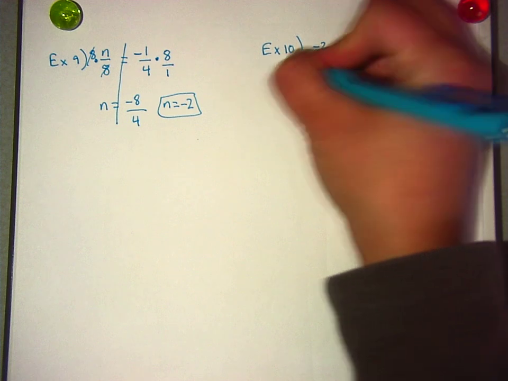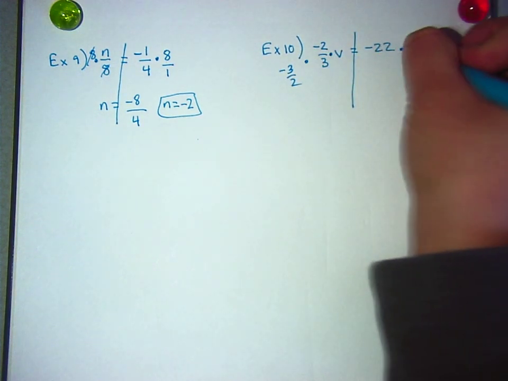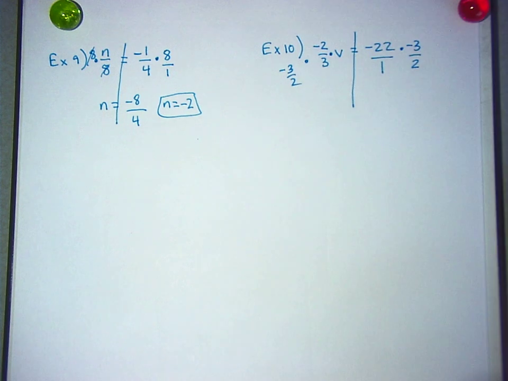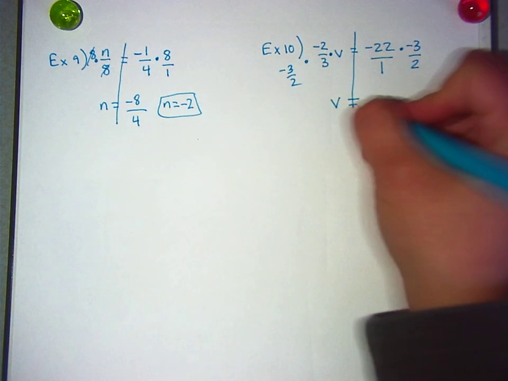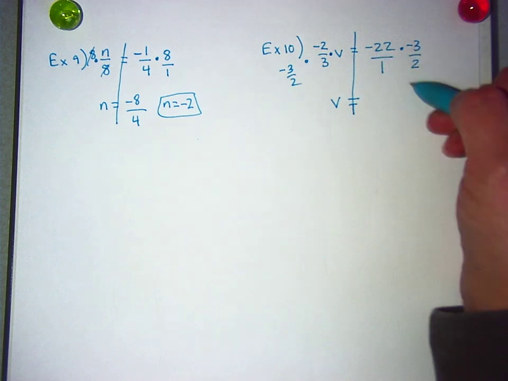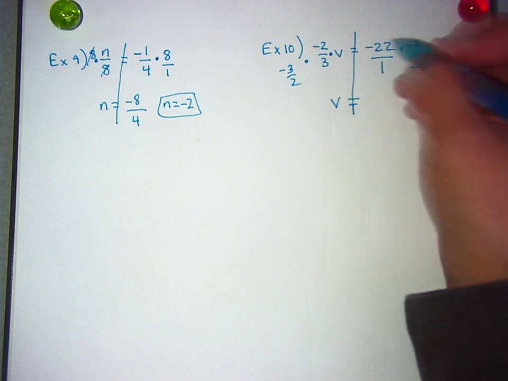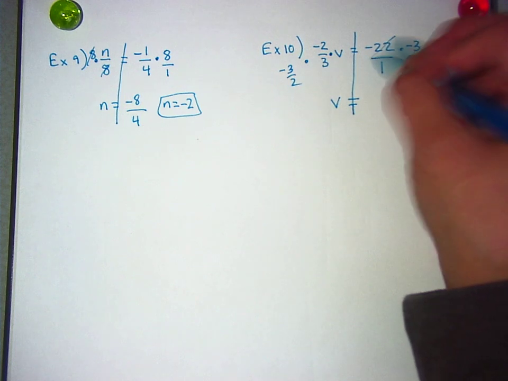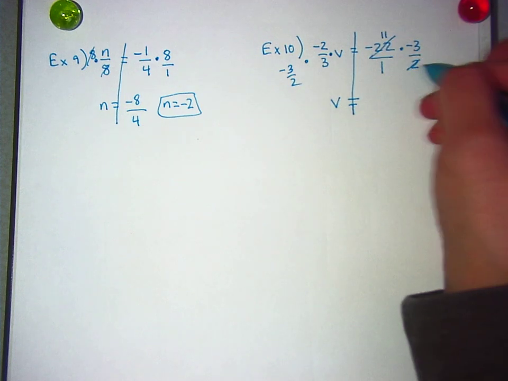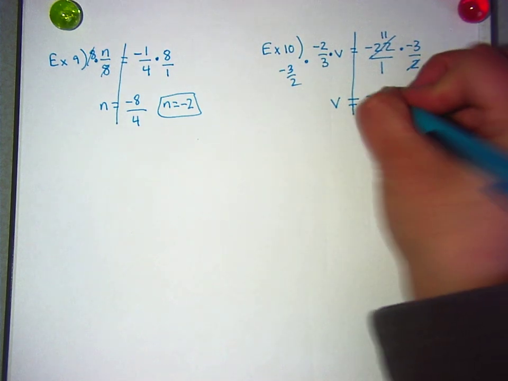So I'm going to multiply by a negative 3/2 on both sides. I'm going to put 22 over 1 to make it easier. So that's V equals, what do you guys think? Should I cancel right away, or should I just multiply it out first and then cancel? Cancel first. All right, so I'm going to take a 2 out of here and a 2 out of there. That means this is 11. That's a 1. Negative 11 times a negative 3 is a positive 33.